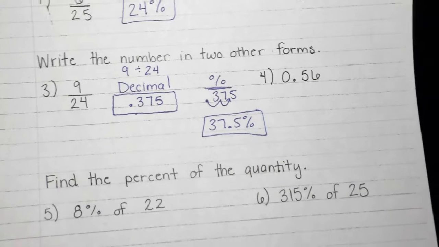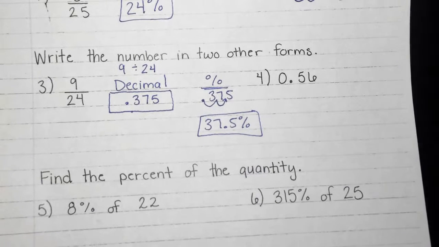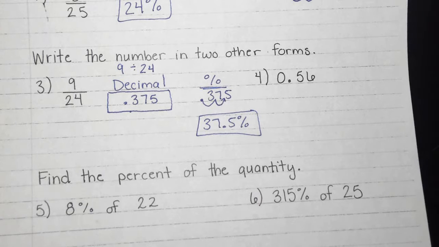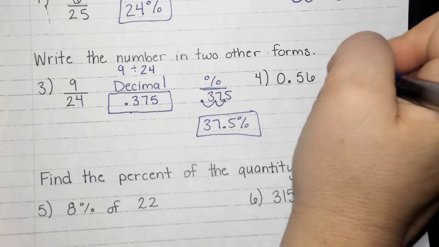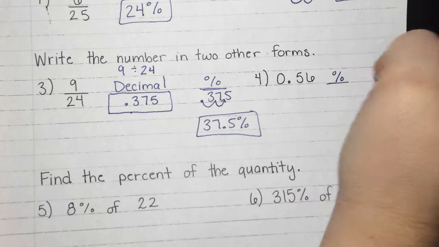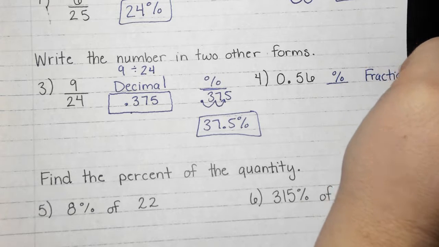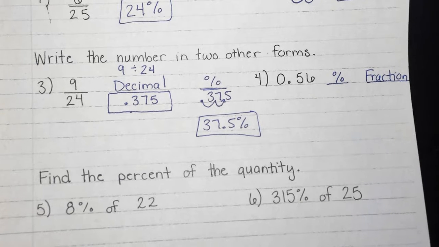All right, number 4. This time I'm given a decimal, so what do I need to change my decimal to? A percent, and what's the other thing? A fraction. We want to change it to a percent and to a fraction.